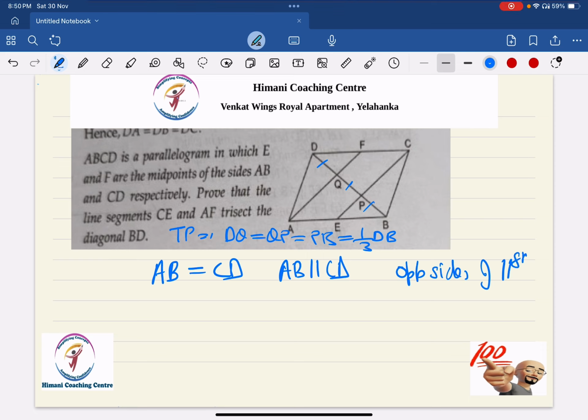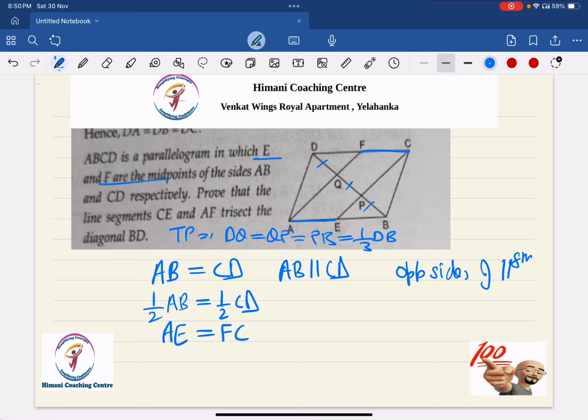I'm just writing: opposite sides of parallelogram. Now, if AB is equal to CD, then half of AB will also be equal to half of CD. Correct? Now if you look at the diagram and the question, E and F are midpoints of AB and CD. That means AE is half of AB, so AE should be equal to FC, which is half of CD.